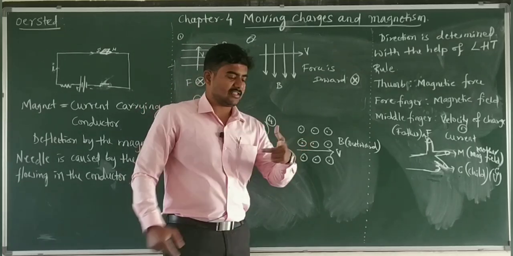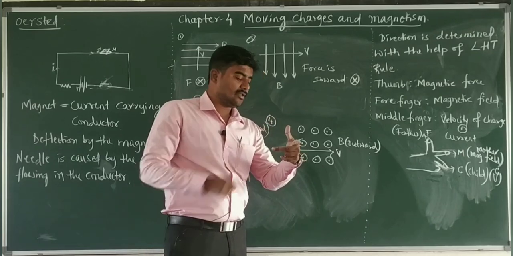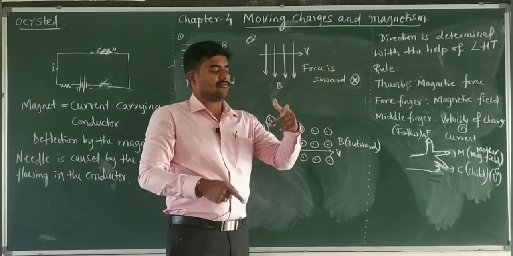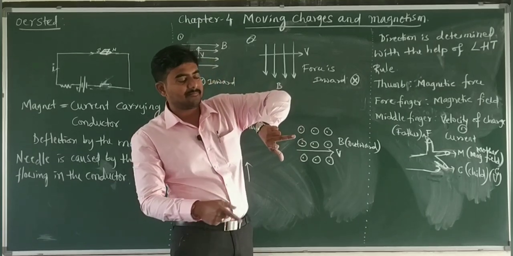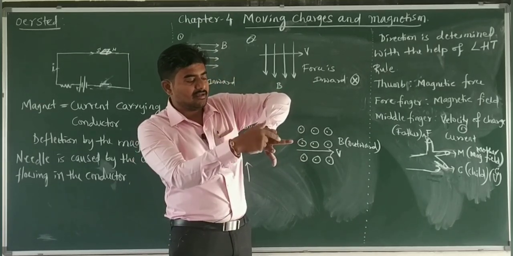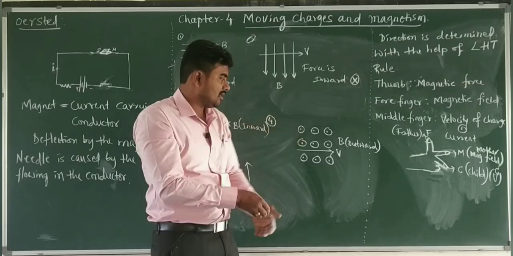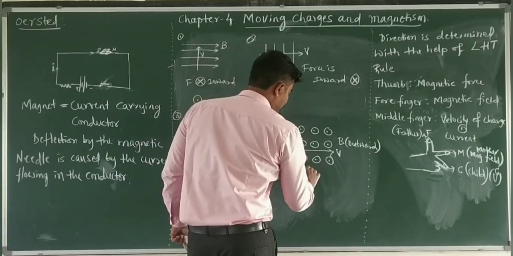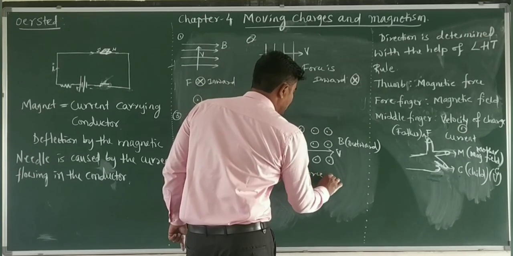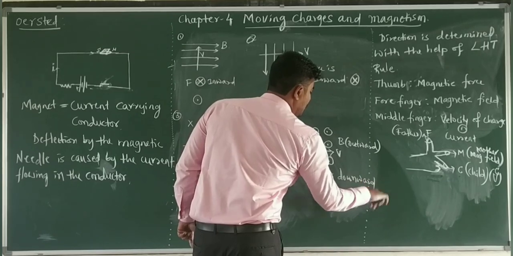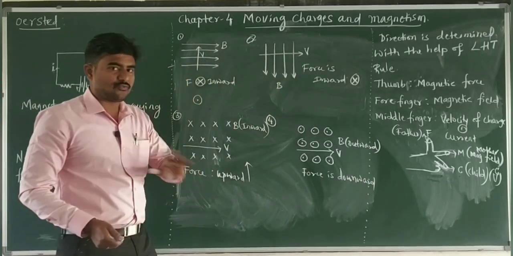Outward means like this, and the velocity of charge will be in this direction. Therefore I have to rotate like this. This is magnetic field, this is velocity direction, and this is the force, and the force is downward. Force is downward. Remember, don't get confused. It's very simple.